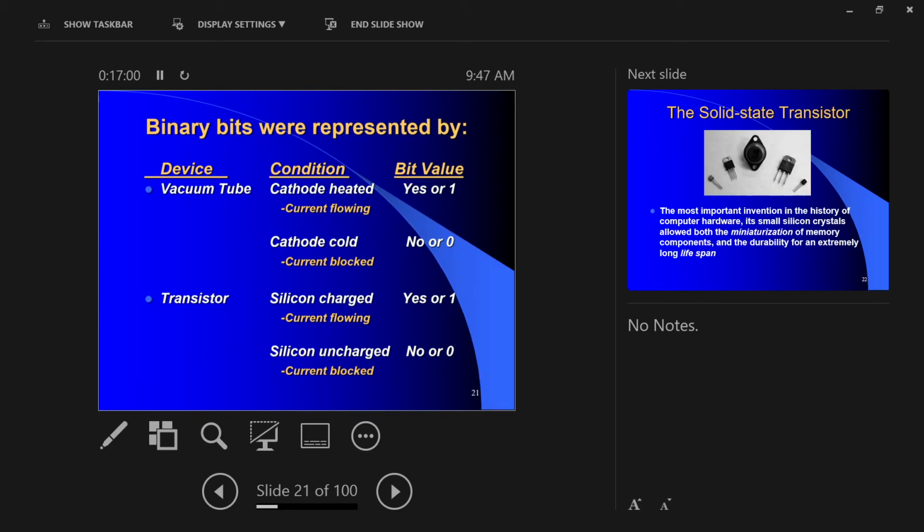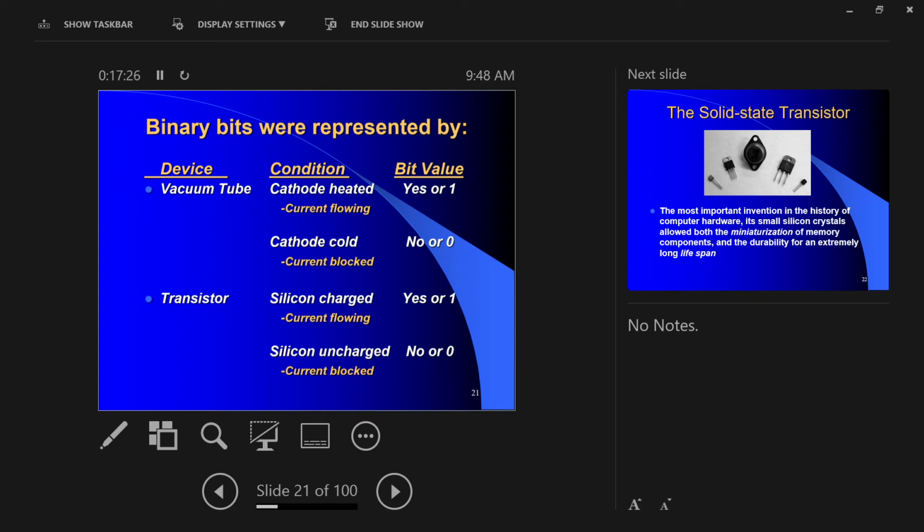So the way they worked was, when current would run through the vacuum tube, that would be the value of 1 or yes, a yes answer to an instruction, or the bit value of 1. Okay, we haven't talked much about binary yet, but you have heard of binary and zeros and ones, and hopefully you read the chapters. Hopefully you're able to follow along a little bit.